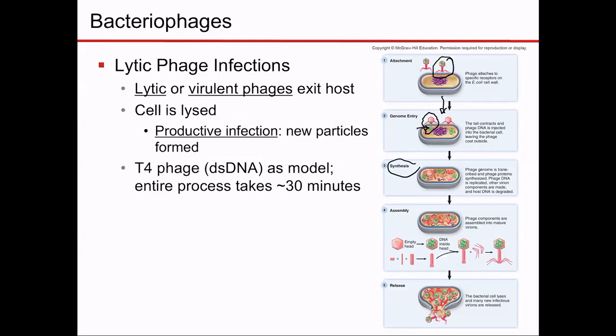Start to replicate the genome of the virus, start to express the viral genes to produce the viral proteins. And when those elements are produced, then new viral particles can be assembled. After those viral particles are assembled, in the case of a lytic phage, that cell will be lysed, like you see here, and the viral particles will be released from that cell.